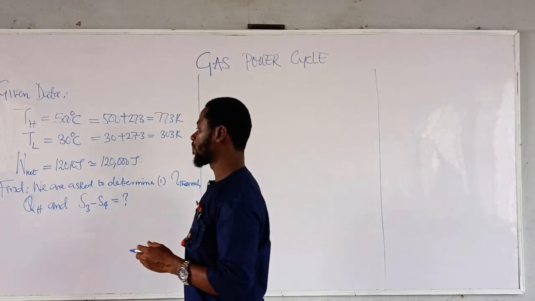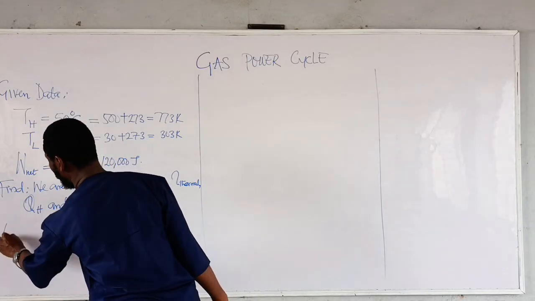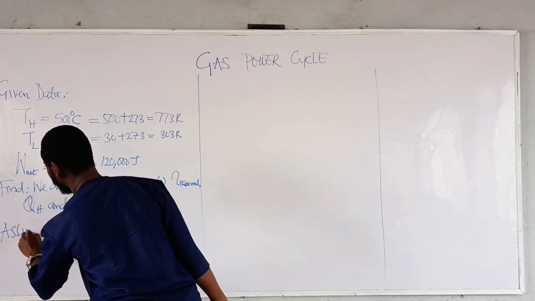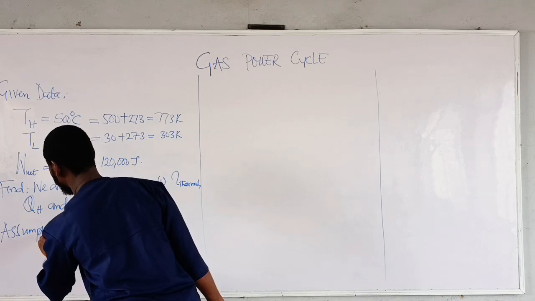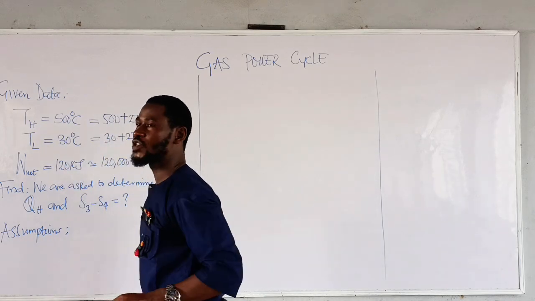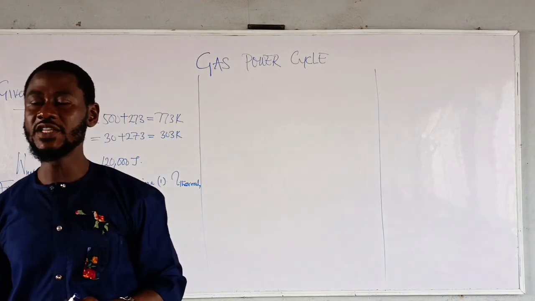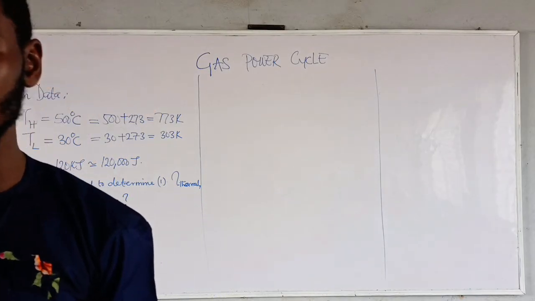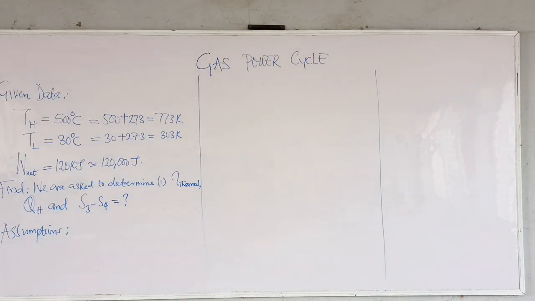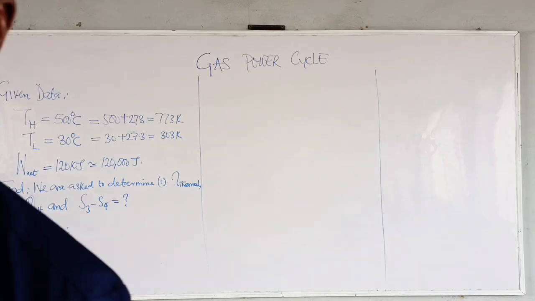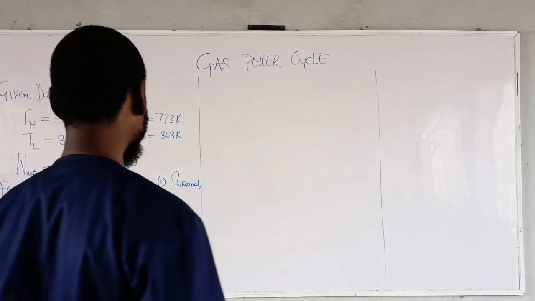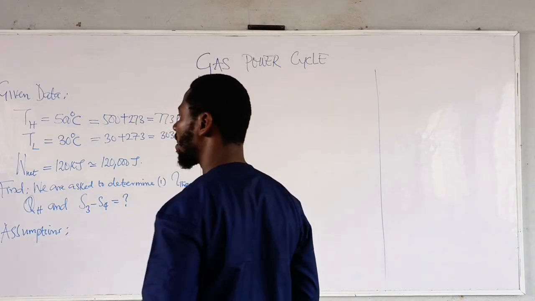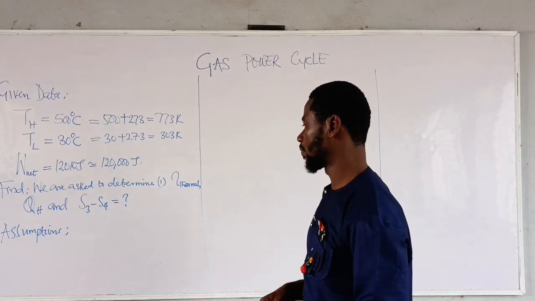The next step is step 3, assumptions. Assumption 1, air is modeled as an ideal gas. The second assumption, the kinetic energy and potential energy effects are negligible.